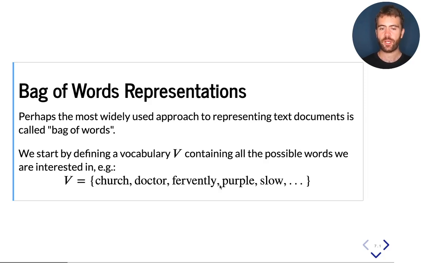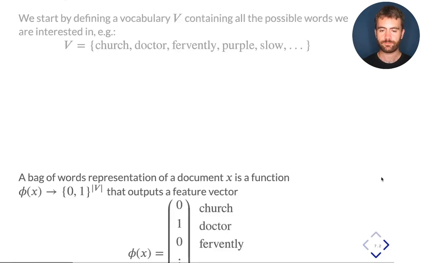This could be the entire set of words in the dictionary, or if we're in some more specialized medical domain, then perhaps it's a medical vocabulary. Essentially, this is the set of possible words that exist for the purposes of this machine learning problem that we're solving. So here's an example of a set of words that are in my vocabulary V.